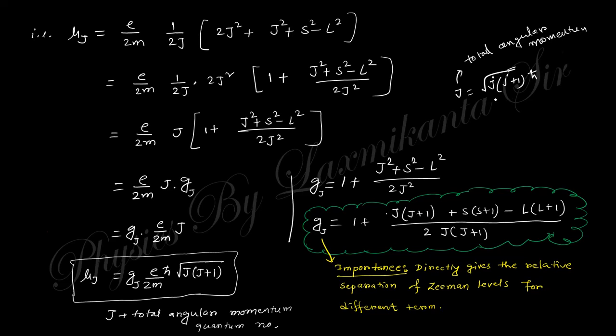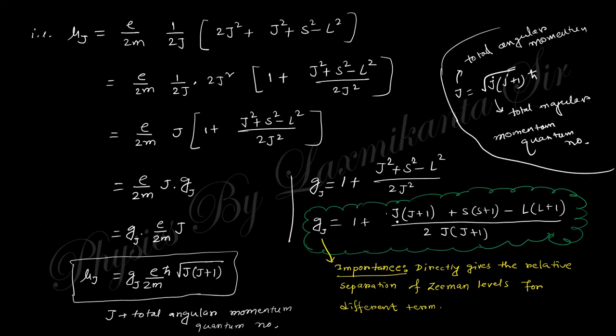Small j is the total angular momentum quantum number. This is a number, and this is an angular momentum. Clear? This must be small j. Just remember this one, small s, and this is small s. When you talk about the value, you write it as a quantum number.